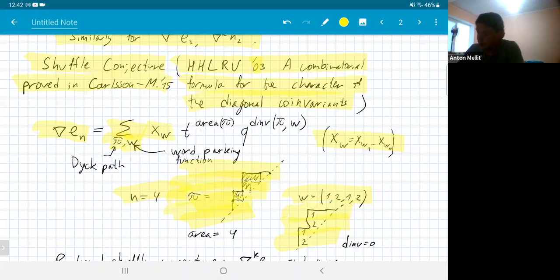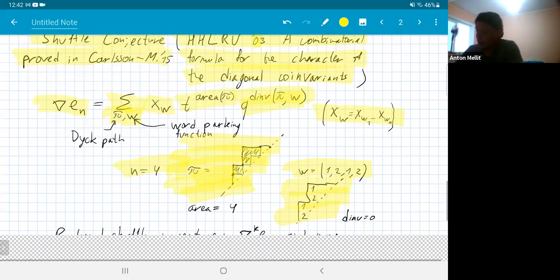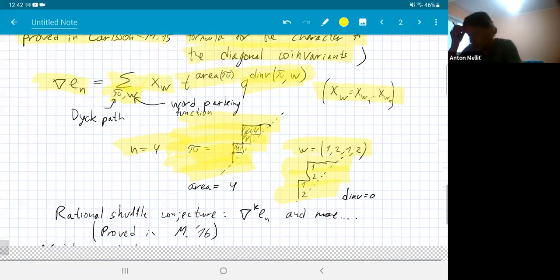And we have t and q, and t just counts the area of the Dyck path, which is the number of squares between the path and the diagonal. And q to the dinv, and dinv is more difficult to define. There is some sum over pairs of labels which satisfy some inequality and sit in a certain relative position.